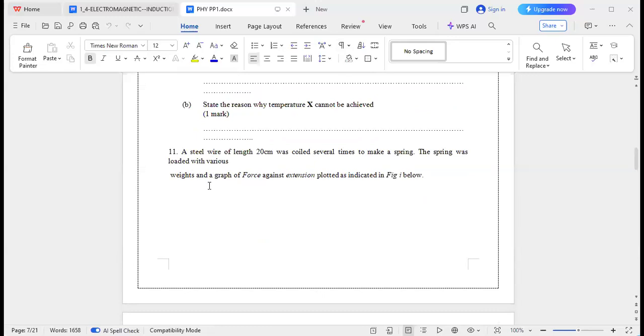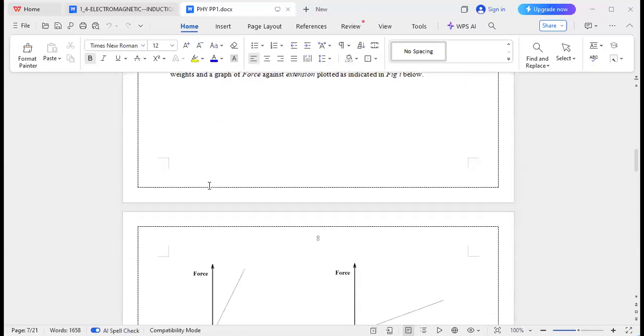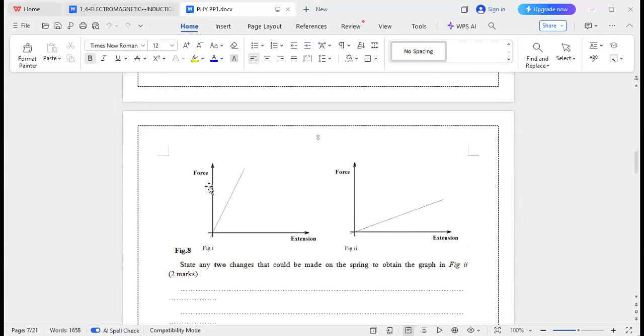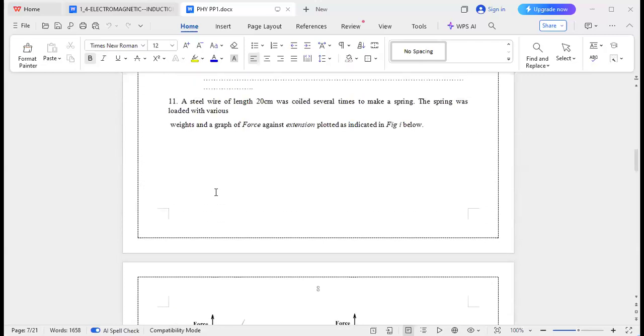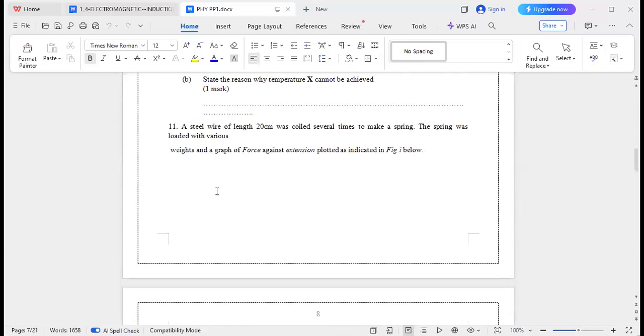Number 11. A steel wire of length 20 centimeters was coiled several times to make a spring. The spring was loaded with various weights and a graph of force against extension plotted as indicated in figure 1 below.